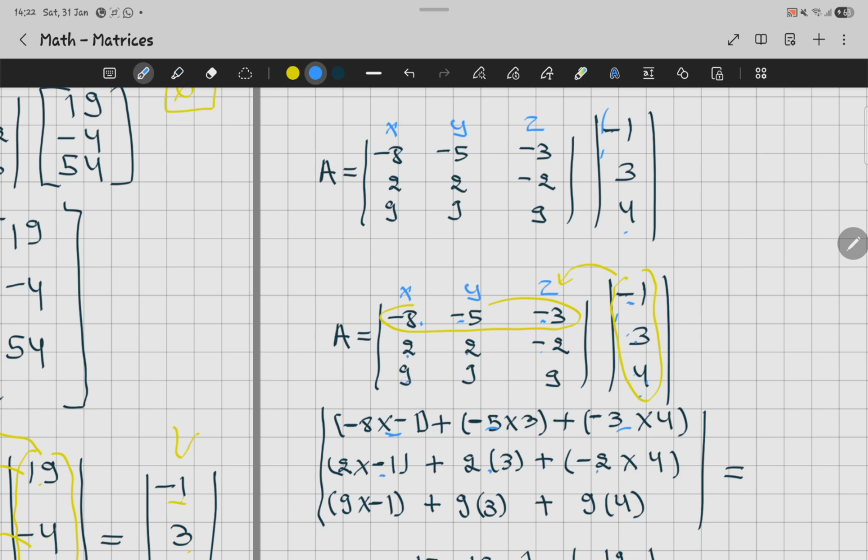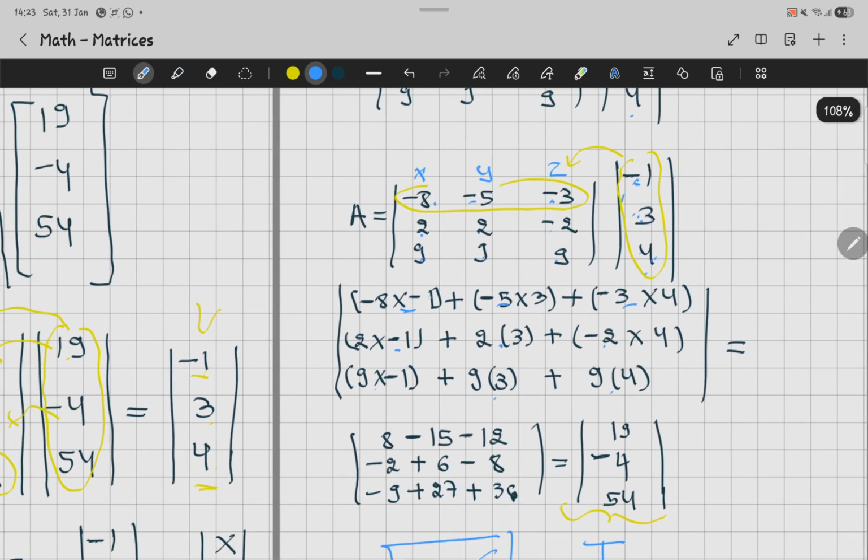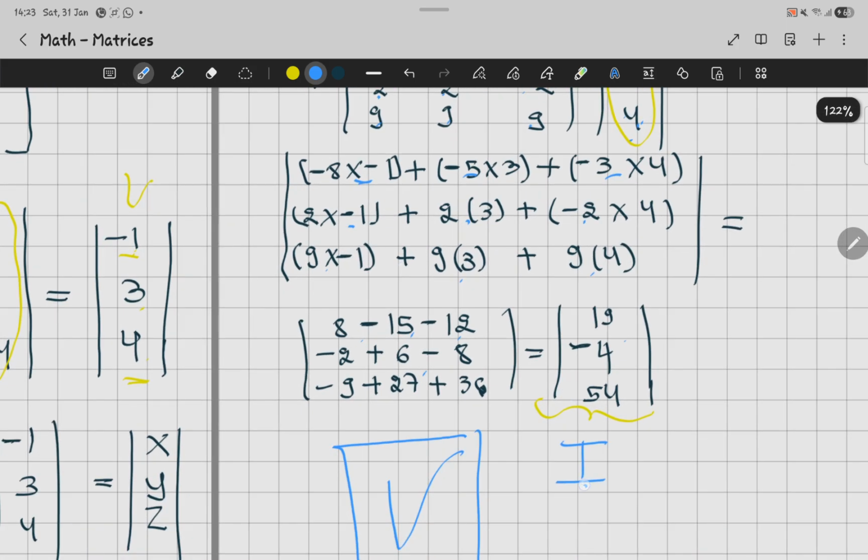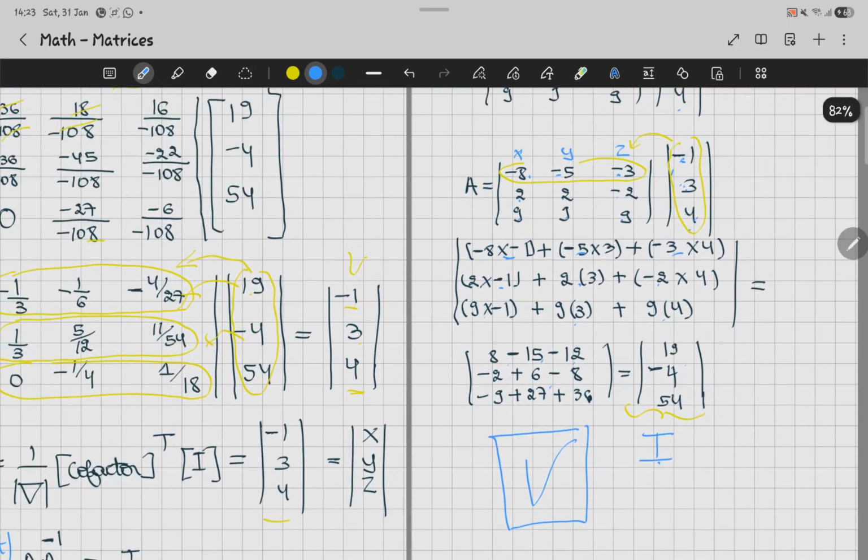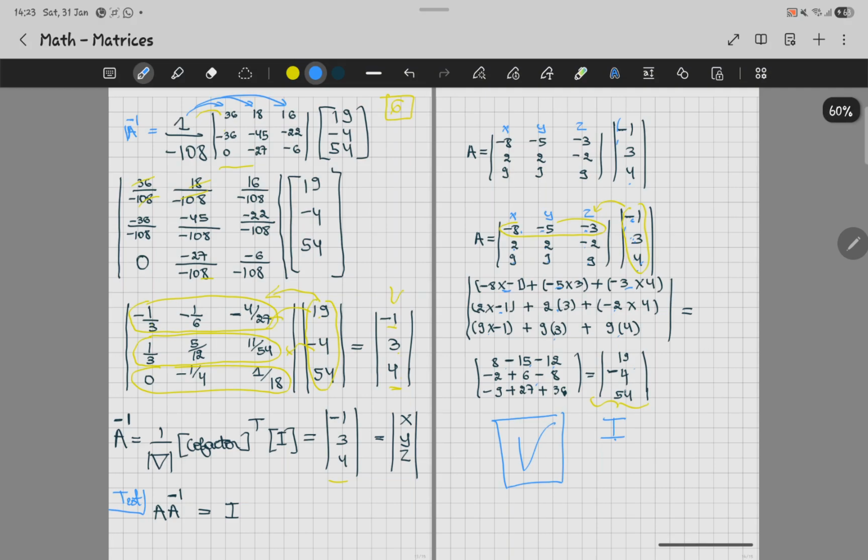The same goes for 9 times -1 plus 9 times 3, 9 times 4, and then you add them together, so you're going to end up with this matrix, and then work it out. You should be able to find the unknown that we had at the beginning. So if you got the same as what we had at the beginning, then your inverse calculation is correct. Okay.